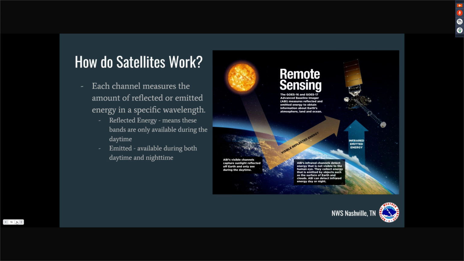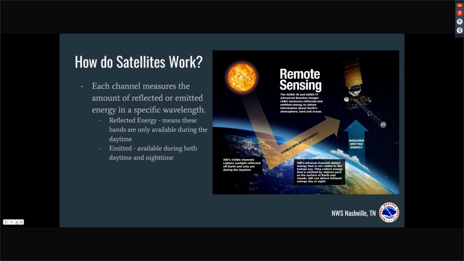Each channel measures the amount of reflected or emitted energy at a specific wavelength. When I'm talking about reflection, it's just like if you see something reflecting from a mirror. Some of our channels are in the visible spectrum, and they are dependent on sunlight. Just like you and I, we can't really see at nighttime. If it's pitch black, we don't see anything.